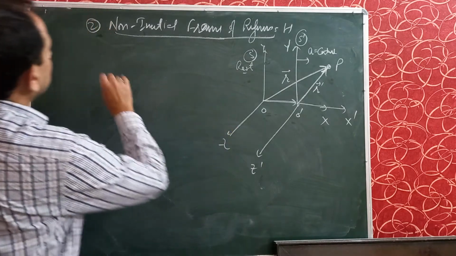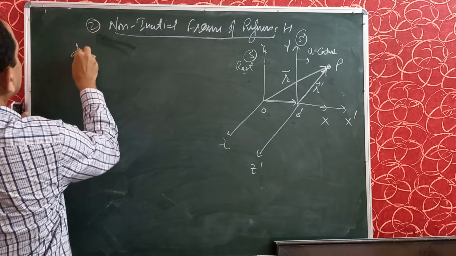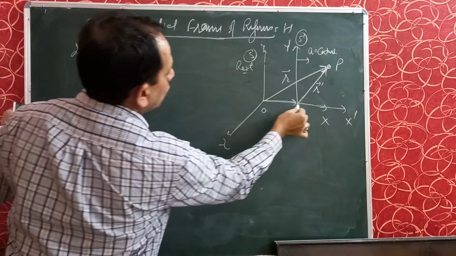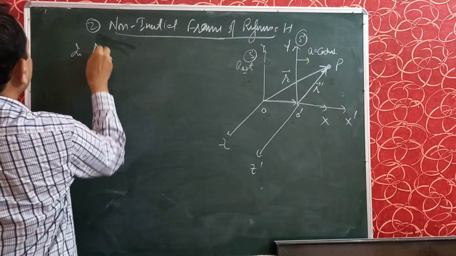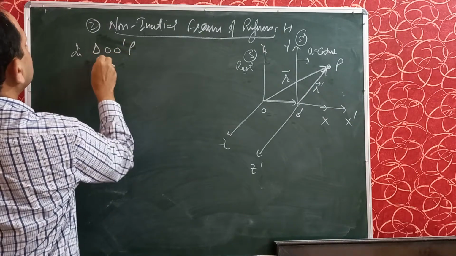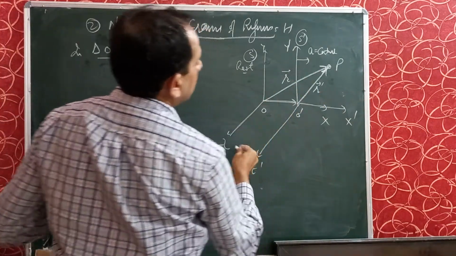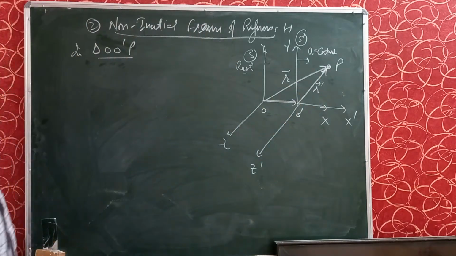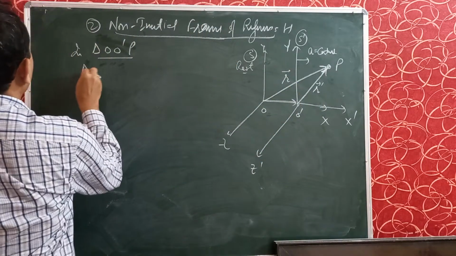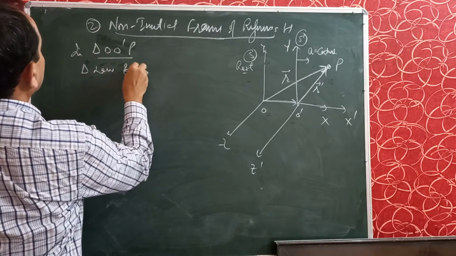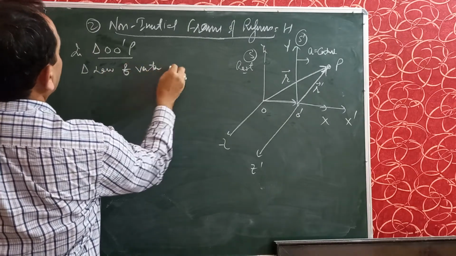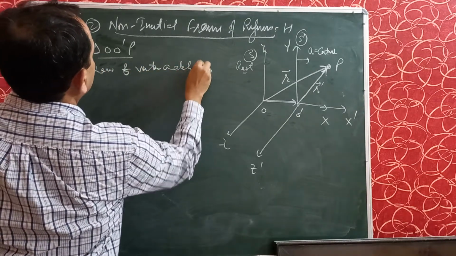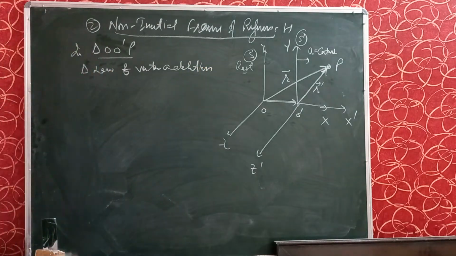So in triangle O O dash P, by using the triangle law of vector addition, O O dash plus O dash P is equal to OP. What is the triangle law?